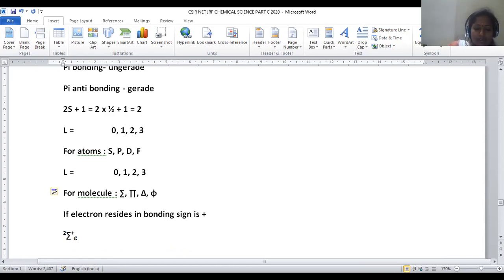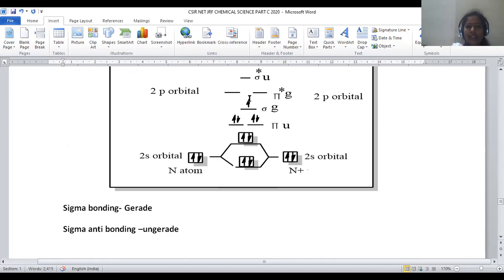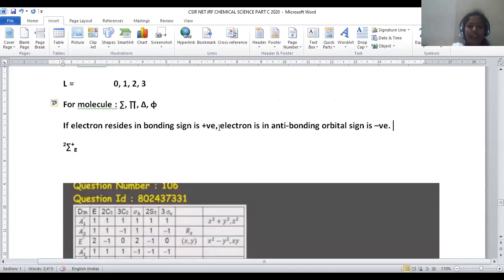If the electron is in an antibonding orbital, the sign is negative. So this is the condition: where is the electron present? The electron is present in the sigma bonding orbital. That's the reason why a positive sign should be assigned. Hence it is denoted as a plus sign here.